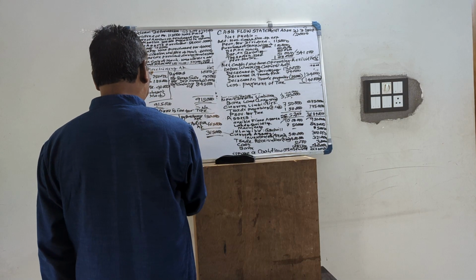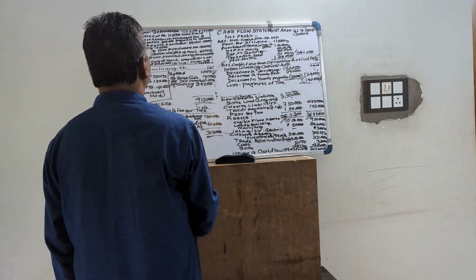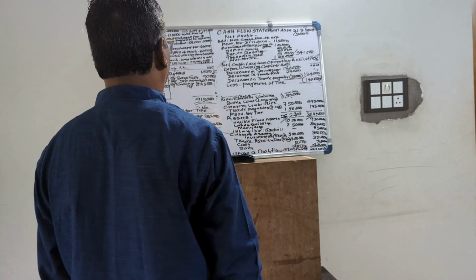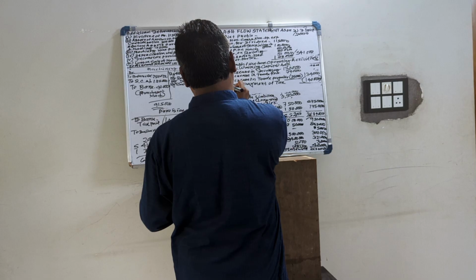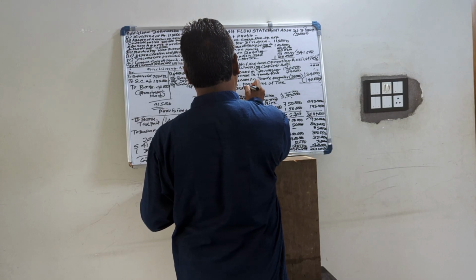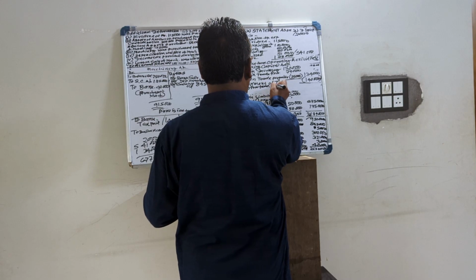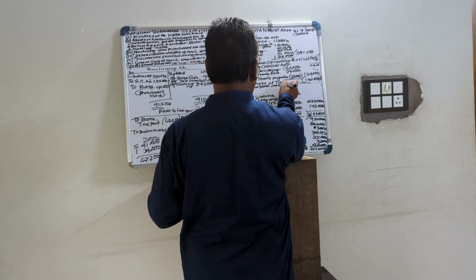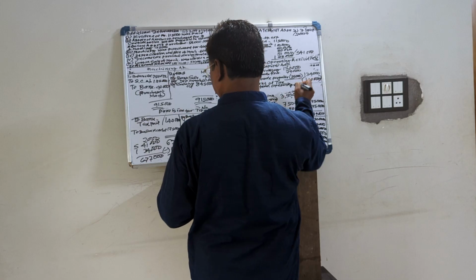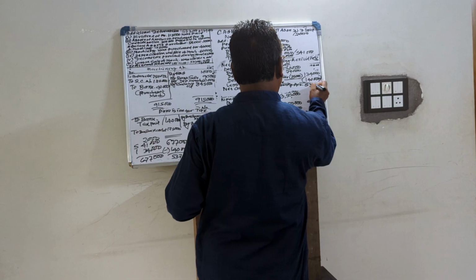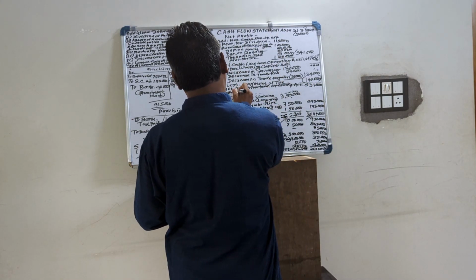So net cash flow from operating activity is 5,37,000. Net cash flow from operating activity comes to 5,37,000. Then we will calculate cash flow from investing activity.